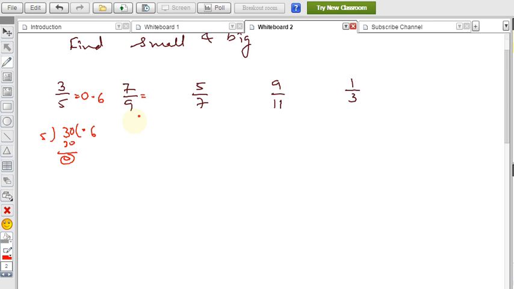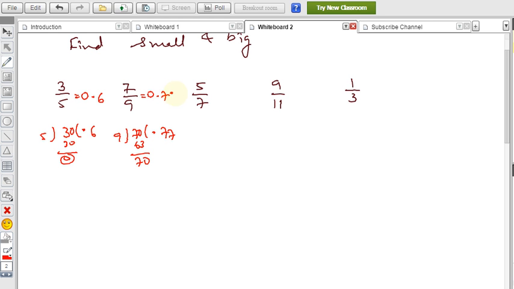Now 7 divided by 9. This method also you can apply for smallest and largest. That is 0.77, and it will continue.